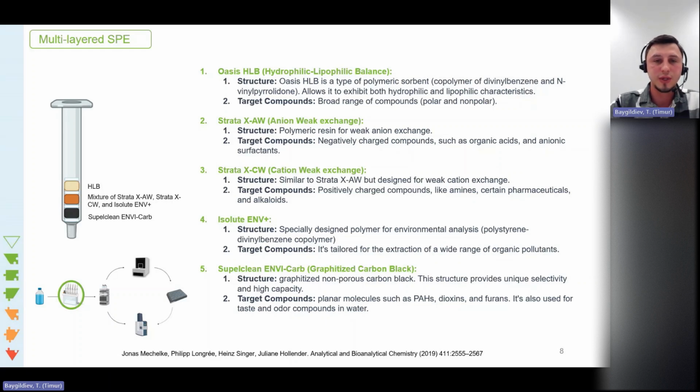That's why in our research we applied so-called multi-layered SPE. The cartridge consists of a mixture of 5 different sorbents, the main goal of which is to pre-concentrate and sorb as many compounds as possible. With this combination, it can sorb polar compounds, hydrophobic compounds, and ionizable compounds, both cationic and anionic.